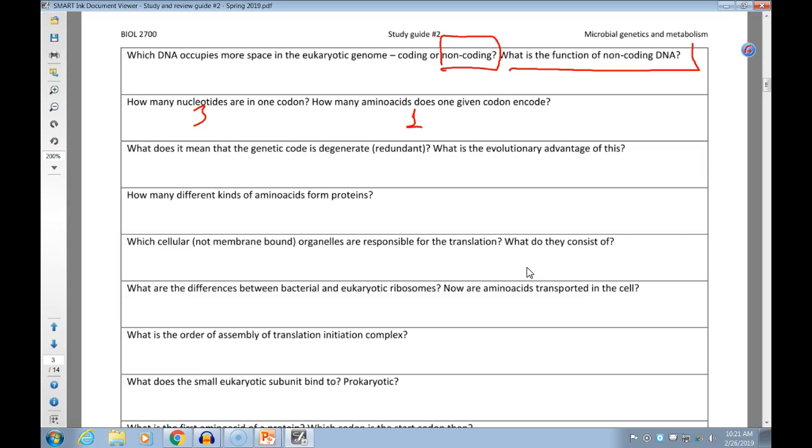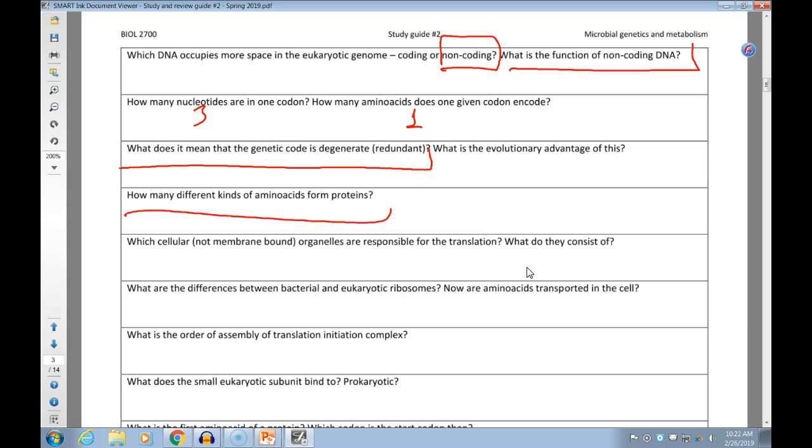Same amino acid can be encoded by different codons. And we call this feature of the genetic code degenerate or redundant. The evolutionary advantage of this is that the code is less prone to mutations.